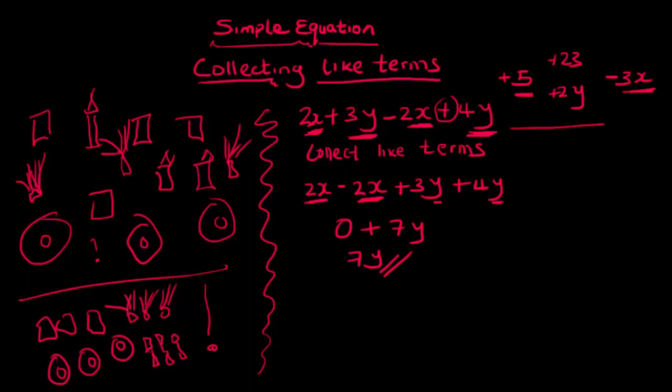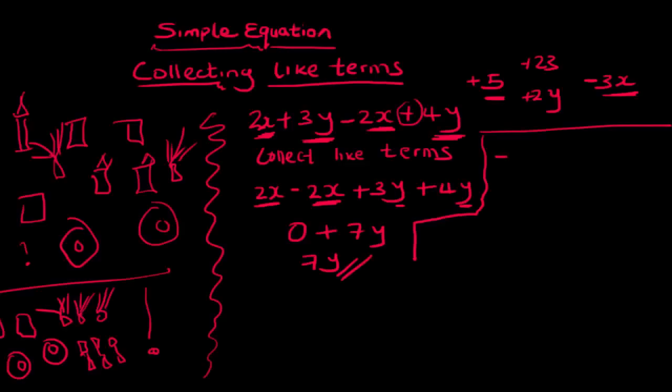I'm going to do it by the side here to conserve space. Now, if I have, say for example, minus 8 plus 3r plus 28 minus 7r.